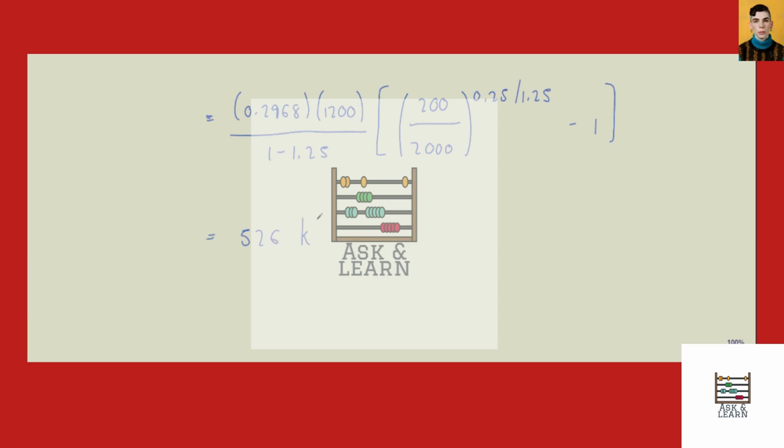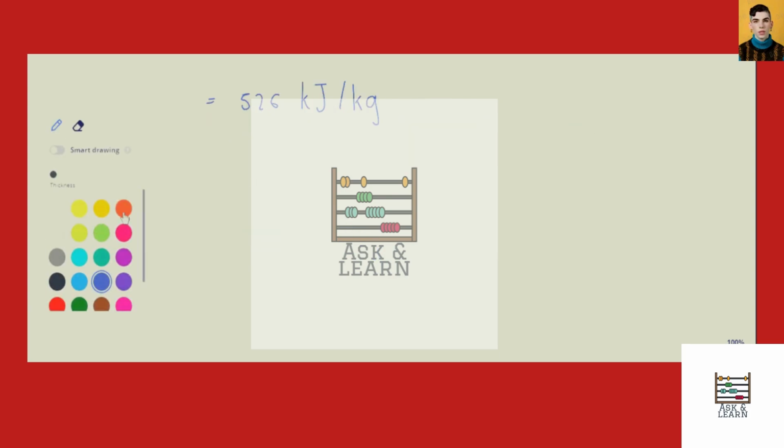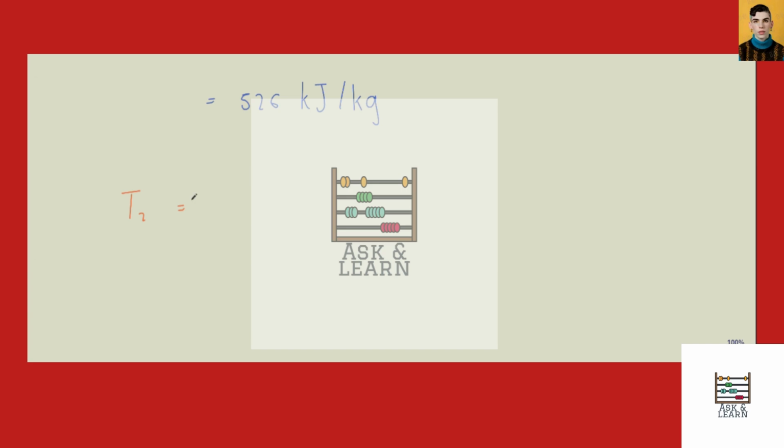And so we get the boundary work per unit mass in this process to be 526 kilojoules per kg. Now we need the temperature of the final state. So the temperature of the final state is T2. And in a polytropic process, T2 is equal to T1 multiplied by P2 over P1 to the power n minus 1 over n.